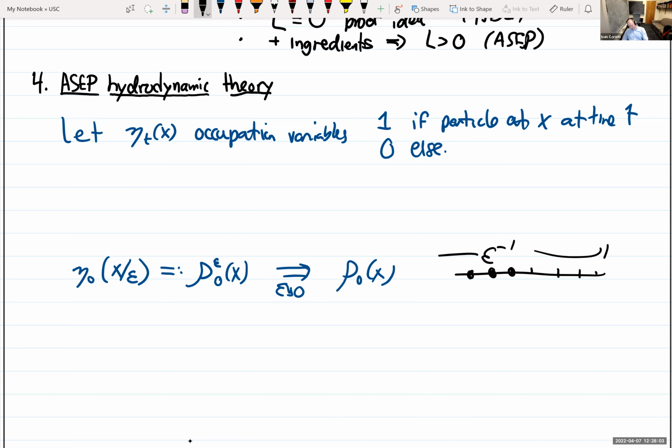I look at some big region and smush that down to order 1, so you have lots of little particles and lots of little holes. Then I take epsilon to 0, and this converges to basically a step function. The density will be 1 to the left and 0 to the right. In my example, that's what the initial data is going to become.